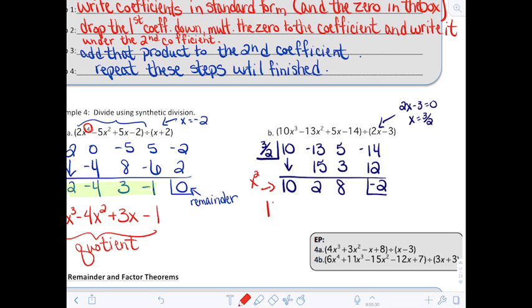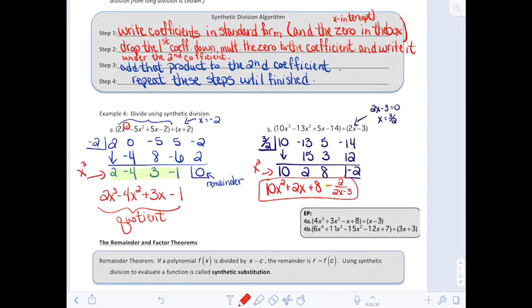So my final answer would be 10x squared plus 2x plus 8 is my constant. It's getting late. And then my remainder is negative 2, so I'm going to put that over my divisor, which is 2x minus 3. And that is my final answer.